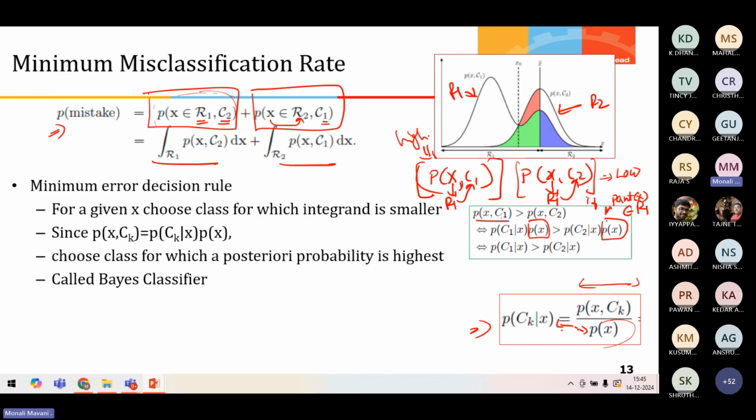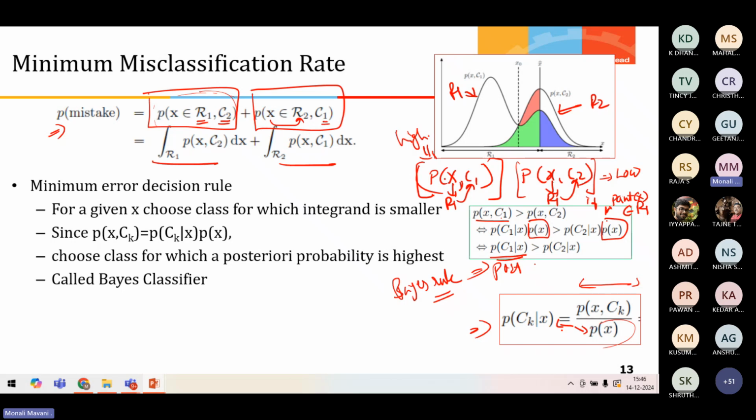I'm simply writing this formula. So indirectly, we want the posterior probability of C1 given X greater than the posterior probability of C2 given X. And this posterior probability we can get using the Bayes rule. So Bayes rule will give us the optimal decision boundary, and we get this optimal decision boundary by comparing these posterior probabilities.